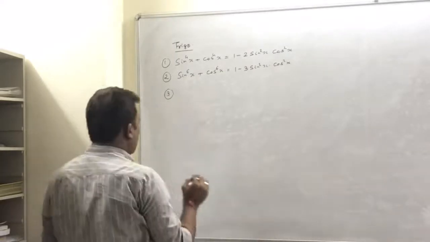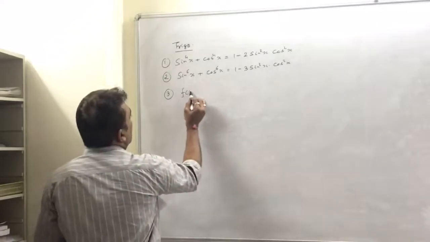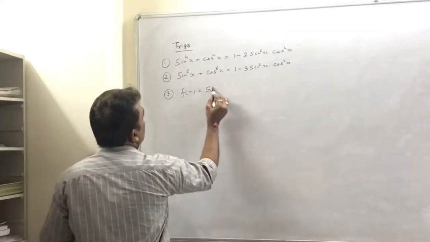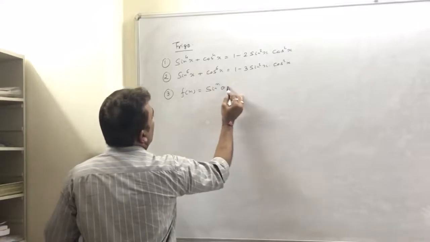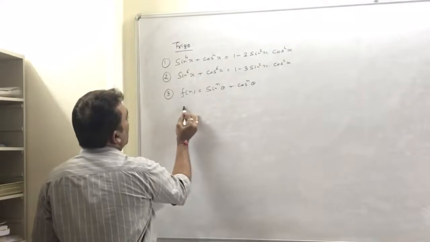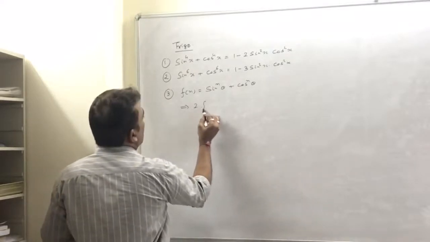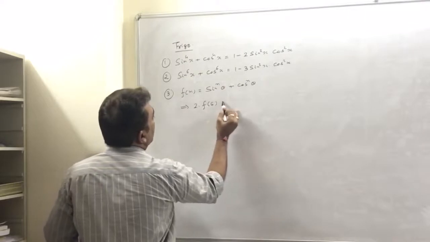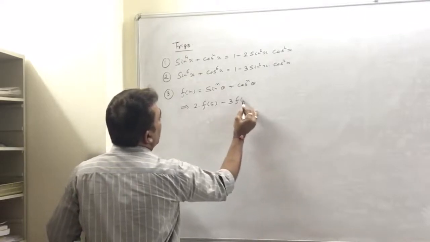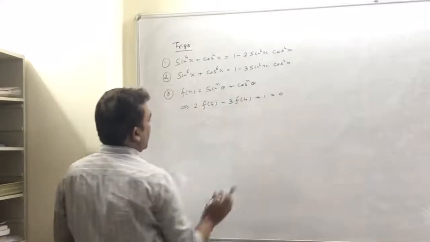Third, one example is there. If fn is equal to sin raised to n theta plus cos raised to n theta, then prove that 2 f of 6 minus 3 f of 4 plus 1 equal to 0.